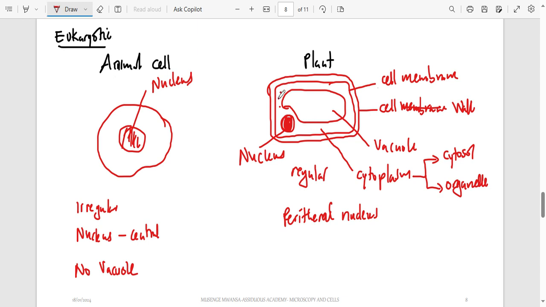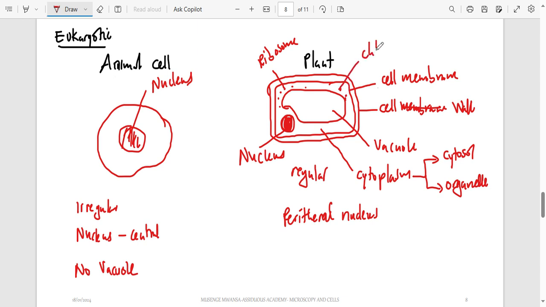We also are going to have ribosomes. These are small things like that. Apart from that, you're also going to have other structures like chlorophyll for a plant cell. Chlorophyll is the one which makes the green pigment.